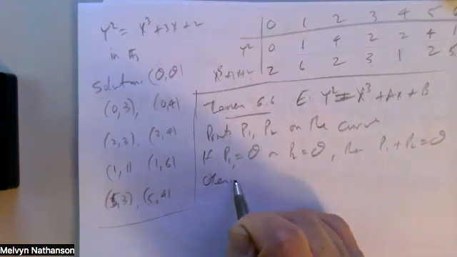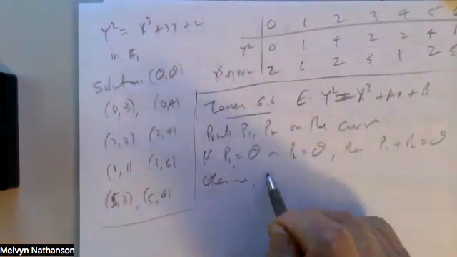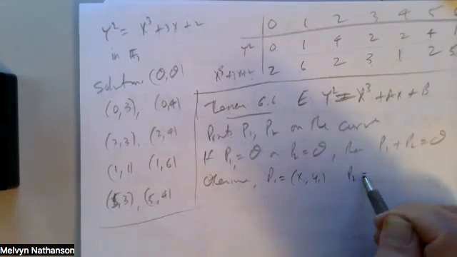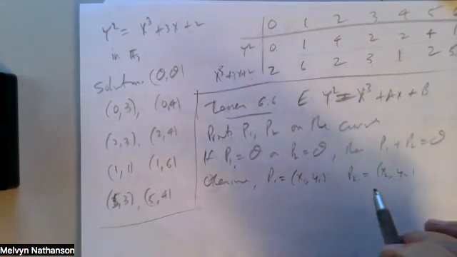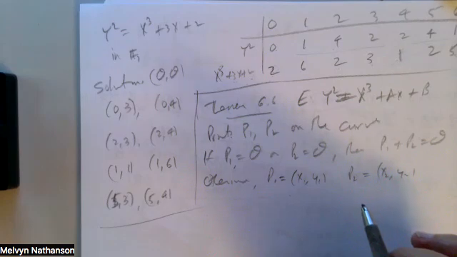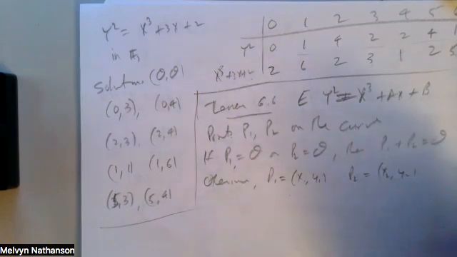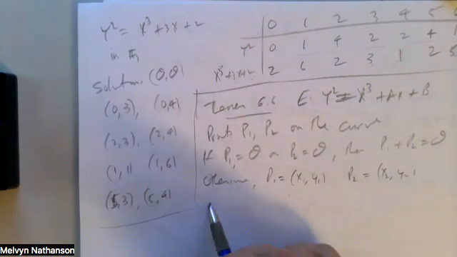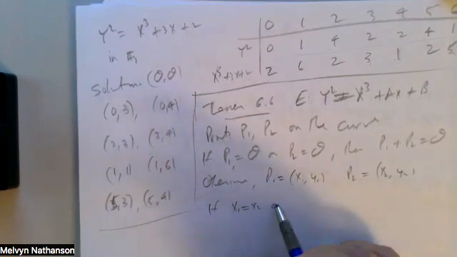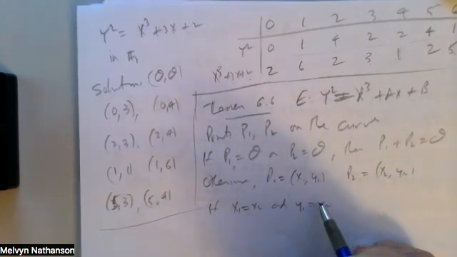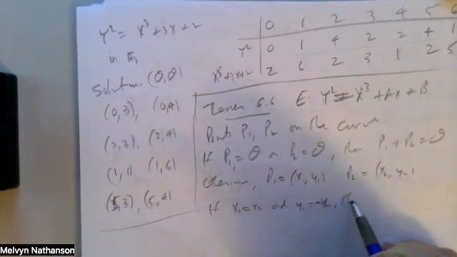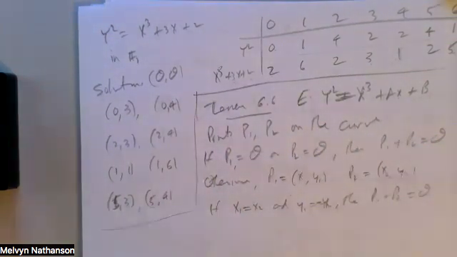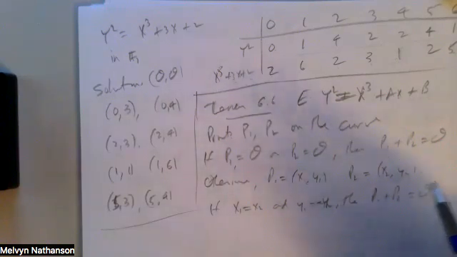Otherwise, if neither of them is the point at infinity, P1 has coordinates x1, y1. P2 has coordinates x2, y2. And if they are symmetric points, so if x1 equals x2 and y1 equals minus y2, then P1 plus P2 is the point at infinity.